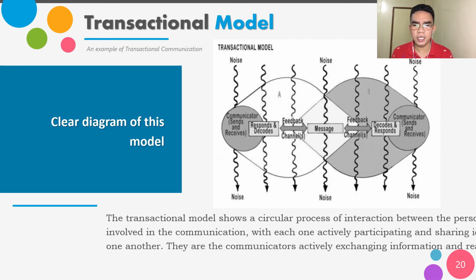Now, as you can see here, there is the letter A and letter B. What do you mean by that? That is the context wherein the communication process takes place.